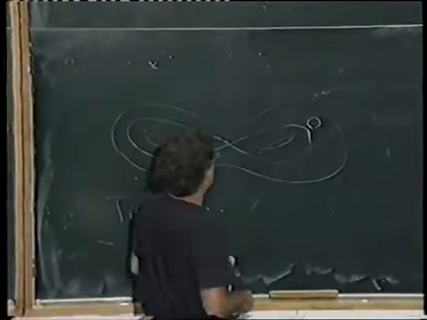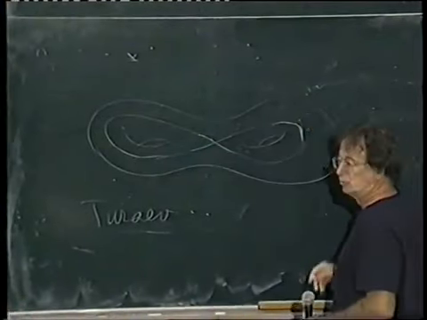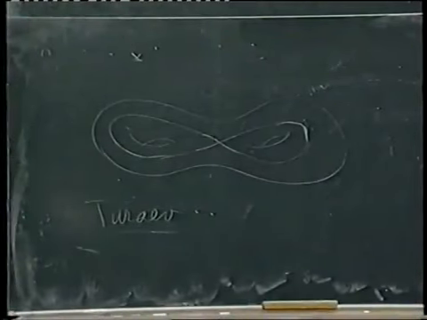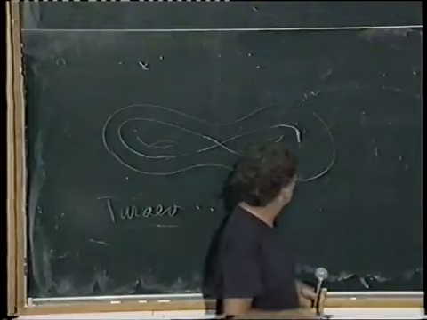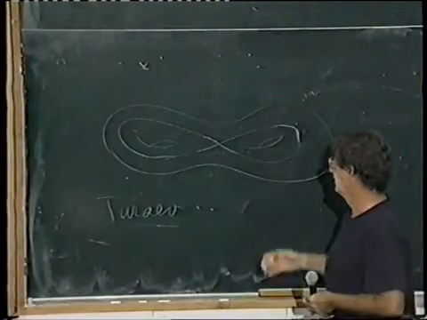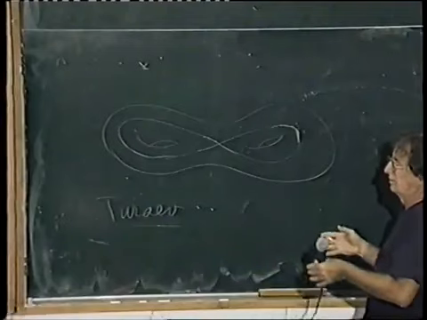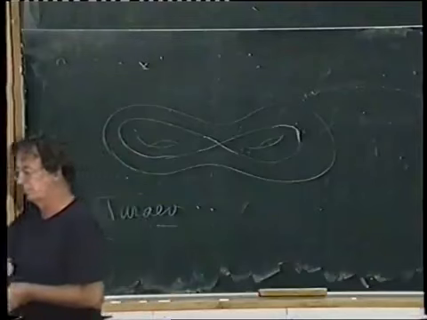So one method is to just divide out by small loops. So take your free loop space, and if you're going into higher algebraic topology, you can just mod out by the subcomplex of small loops. And in the tensor product, you'd have to mod out by the ideal. And then, nicely enough, the bracket operation of a family of small loops times anything else is zero. So that passes.